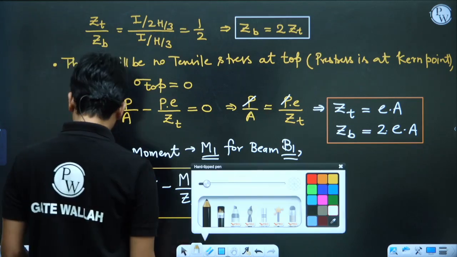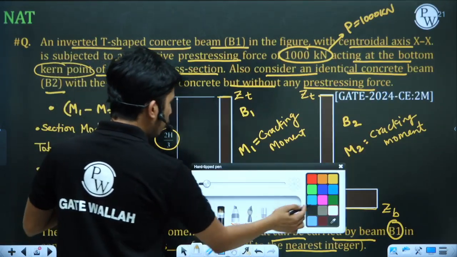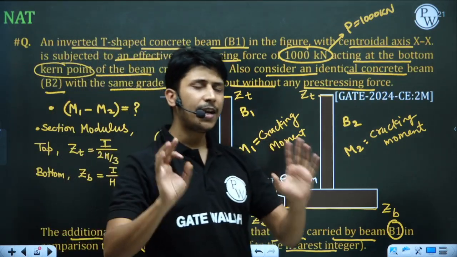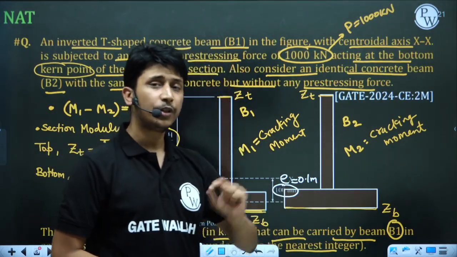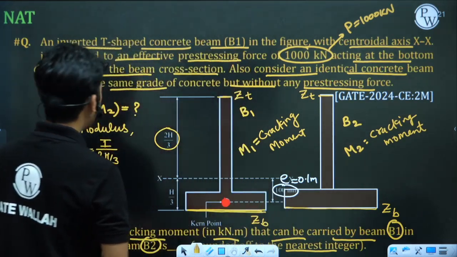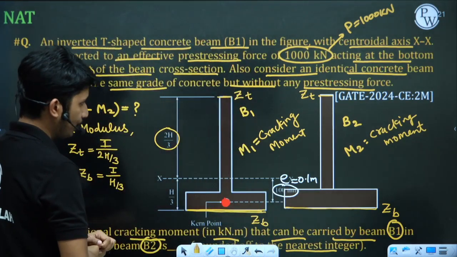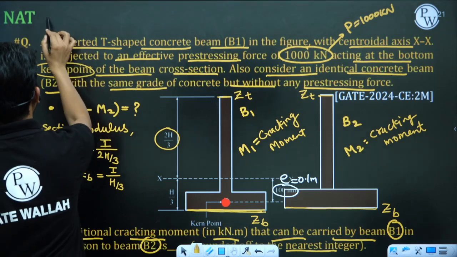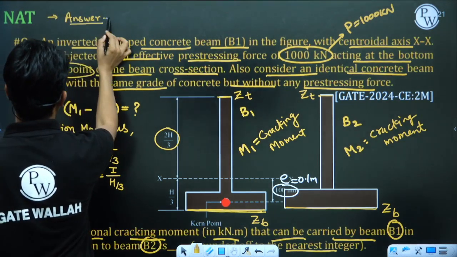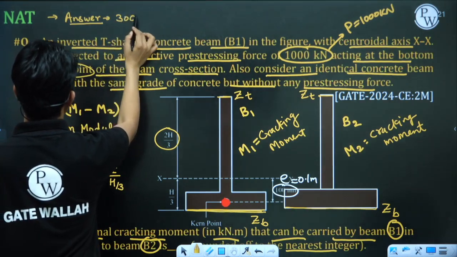Anyone who has given an answer between 299 and 301 is considered correct by GATE. So you have to put the answer as 300 here. The answer is 300 because it is asked as an integer, and it is perfectly the integer 300.